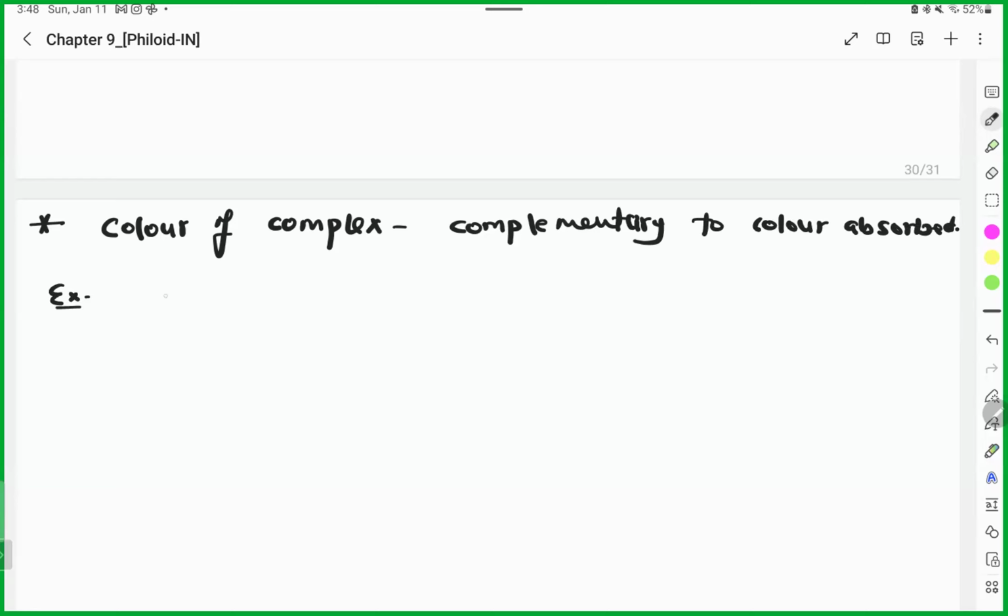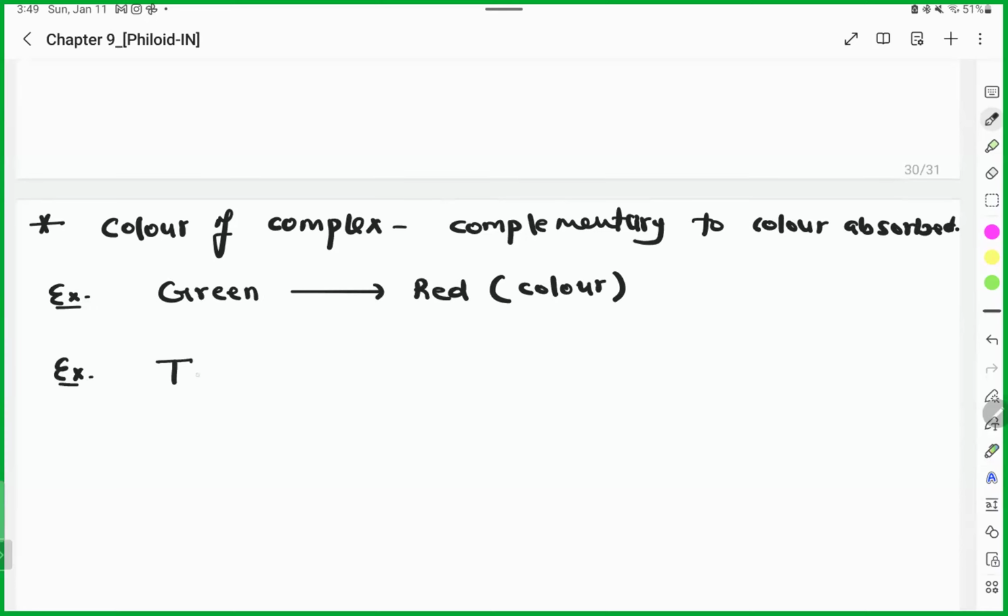Example. If any compound absorbs green color, then the color of the compound will be red. What is the reason? Crystal field is deciding the nature. Example.